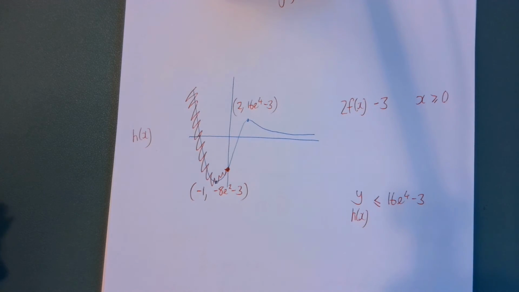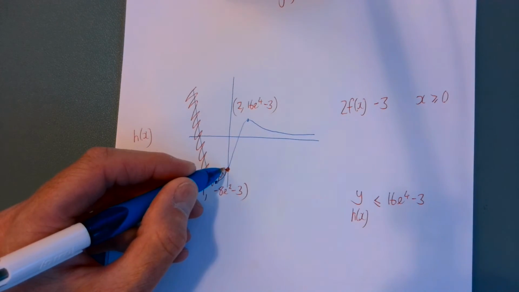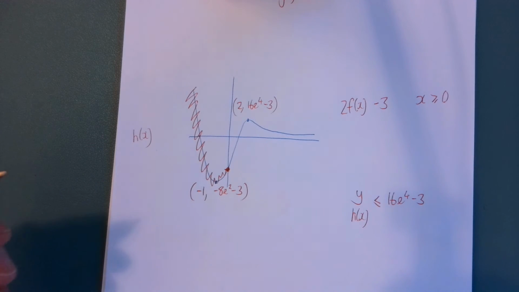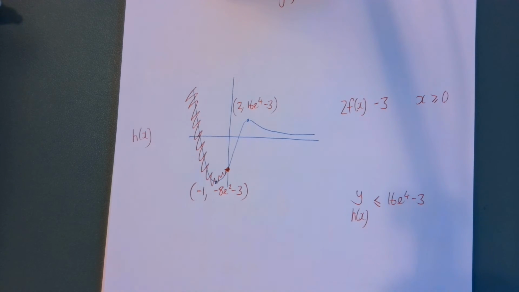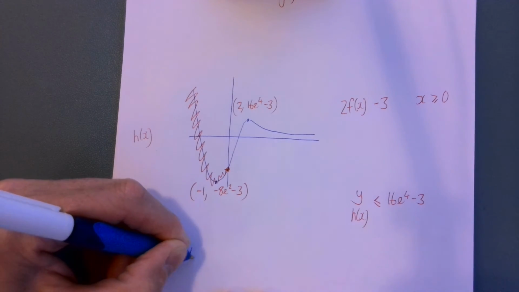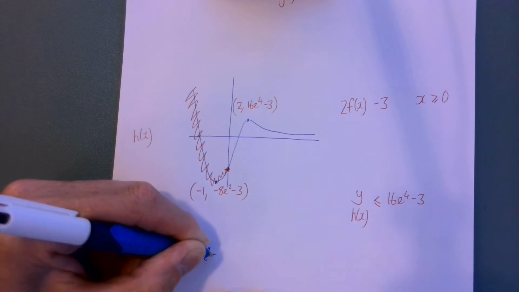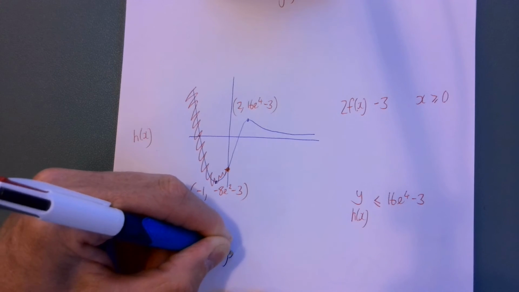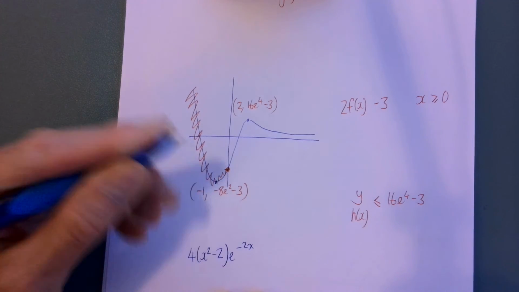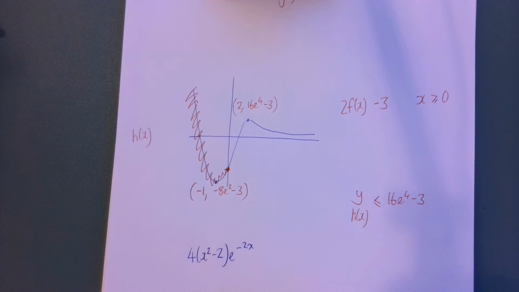So all I now need to do is work out this value here. So I'm going to go back to the original function. I'll just have to look up the question. So the original function was, let's go back to blue because we're talking about the original function, 4x squared minus 2 e to the minus 2x. That's the original function.